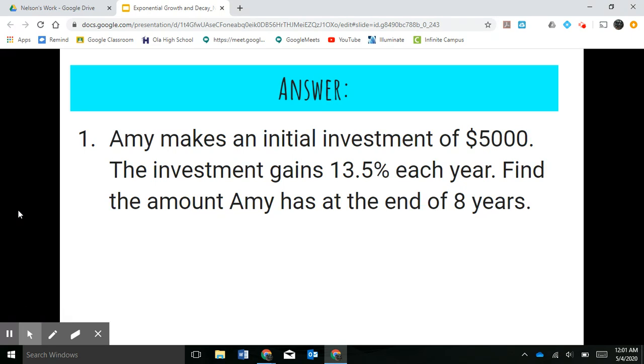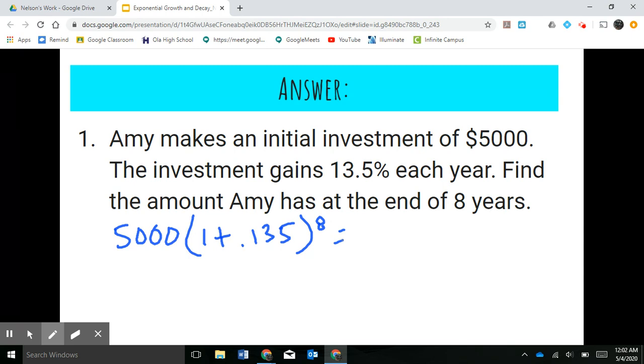All right, so I know it's a gain because anytime you invest something, so we're going to take 5,000. It's 1 plus, so it's an increase. It'll be 0.135, and at the end of 8 years, when I put $5,000 in, I get $13,770.09.